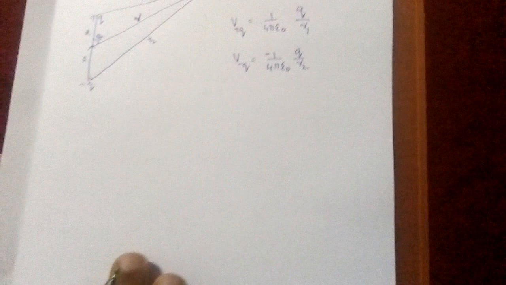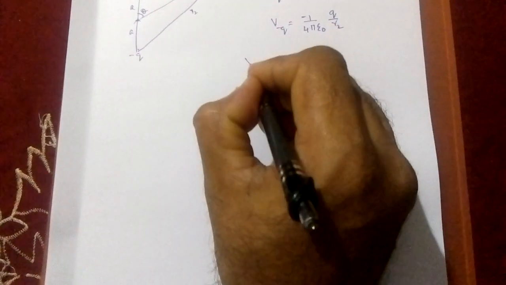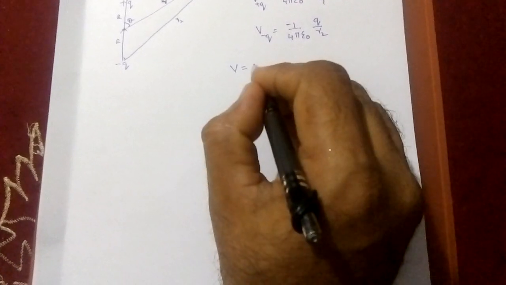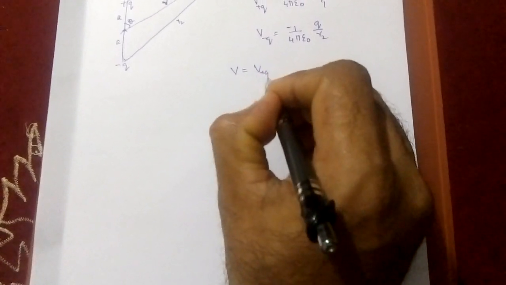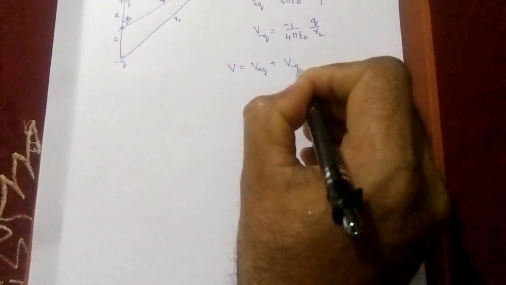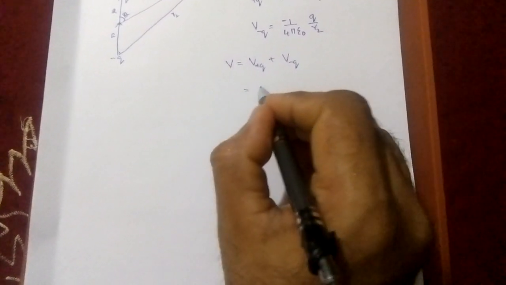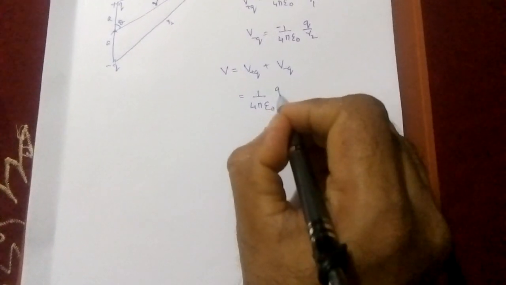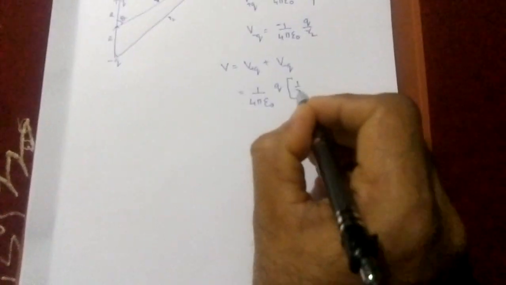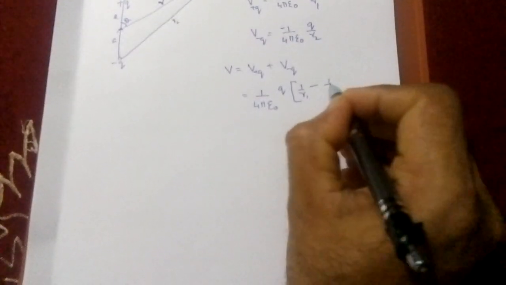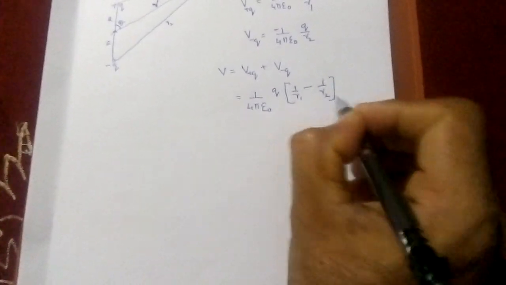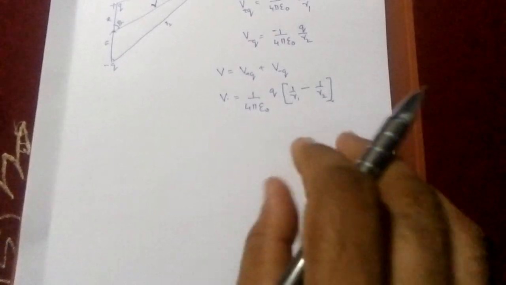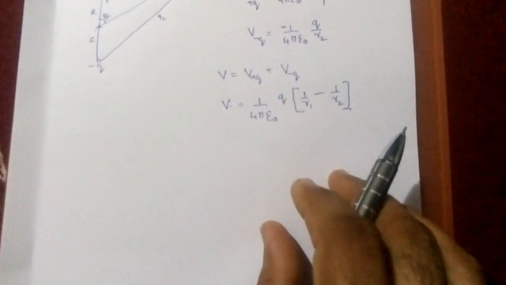So what will be the total potential? We have to add these because it is a scalar quantity. So V of plus Q plus V of minus Q, we can represent as 1 by 4 pi epsilon naught into Q into (1 by R1 minus 1 by R2). This is the potential.